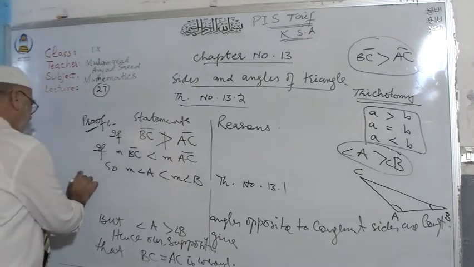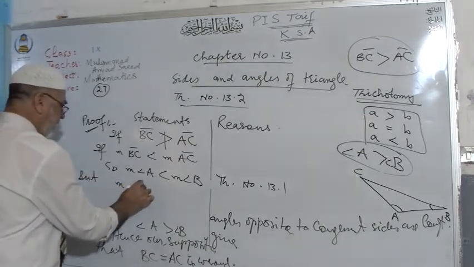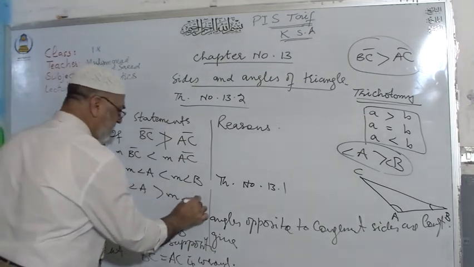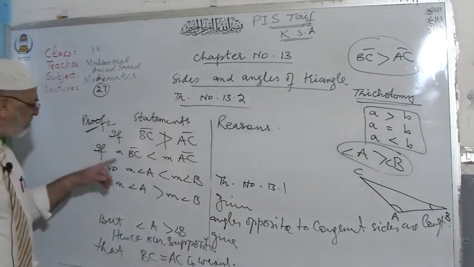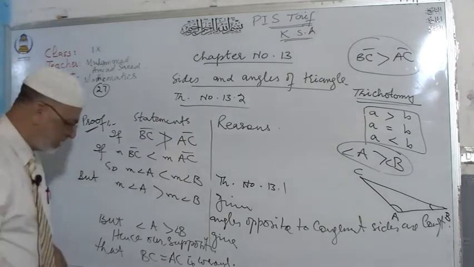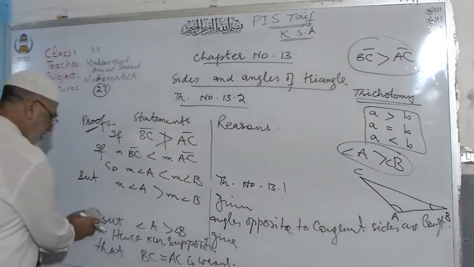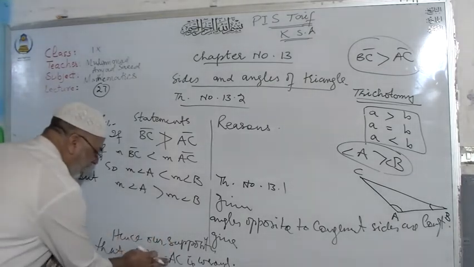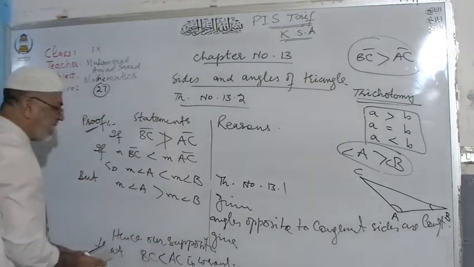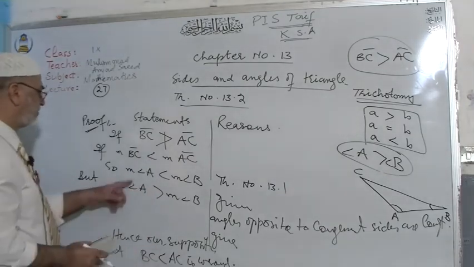But again, angle A is greater than angle B. This is given. So the given cannot be wrong. It means that again, our supposition that BC is less than AC is also wrong.